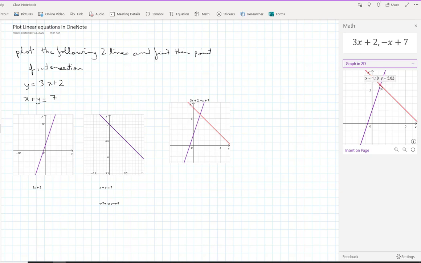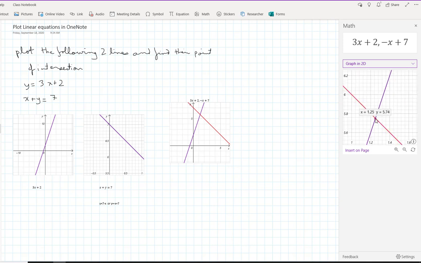And we can tap in here, zoom in very closely to get the point of intersection as exactly 1.25 and 5.75. So the point of intersection will be right here. 0.74 was the closest that we got. And then change that to a small x.